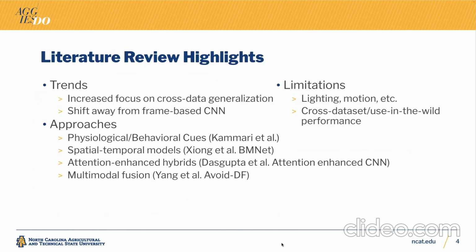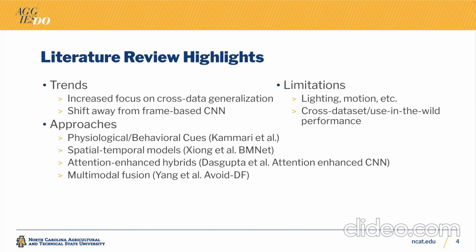Some of the literature review highlights that we found, some of the trends: there seems to be a big shift towards models that generalize across data sets. In the modern world, you need a singular way to classify whether a video is a deepfake or a real video.